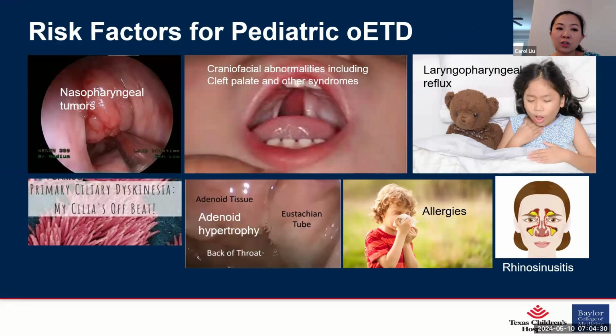A good chunk of our patients, because we are a large tertiary referral center, also have craniofacial abnormalities, including cleft palate and other issues that can give them Eustachian tube dysfunction. Tumor is something we do see, but not as often. You also have to think about kids with cystic fibrosis and primary ciliary dyskinesia.